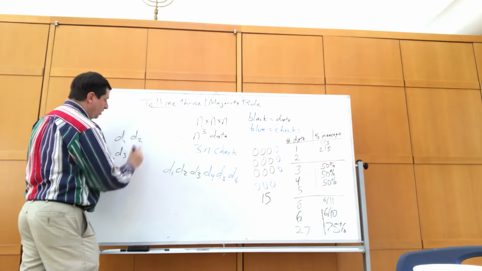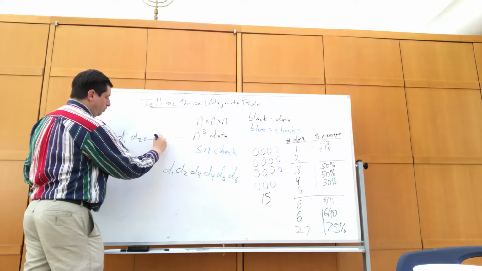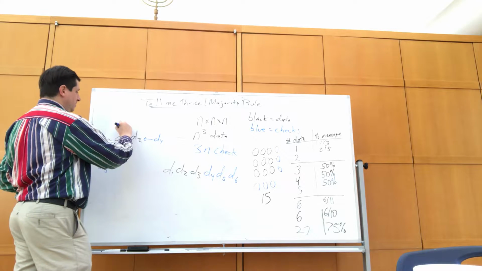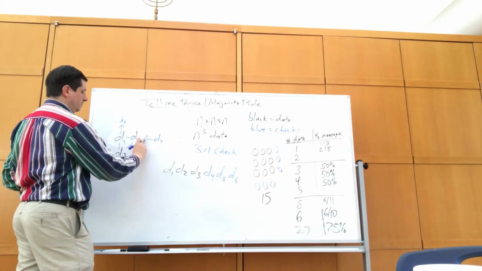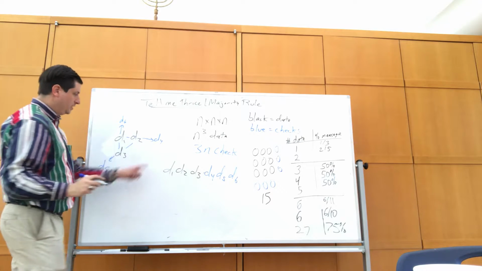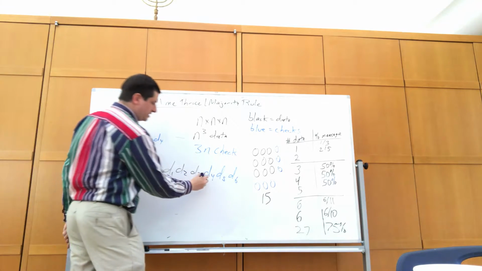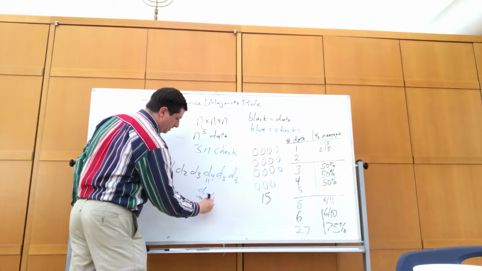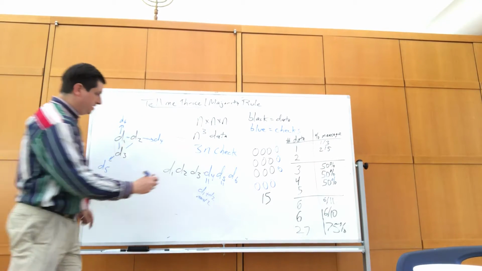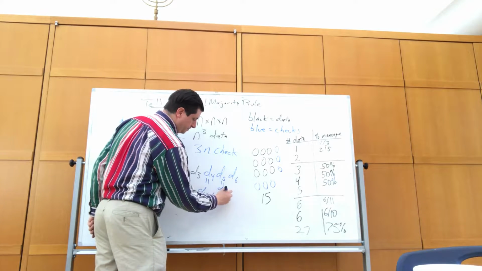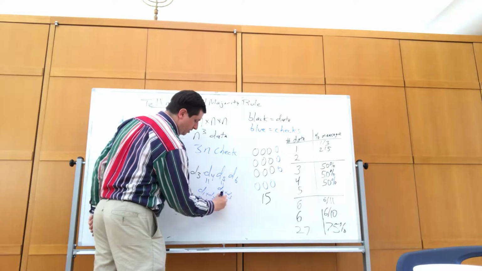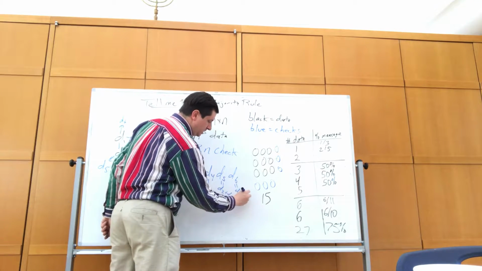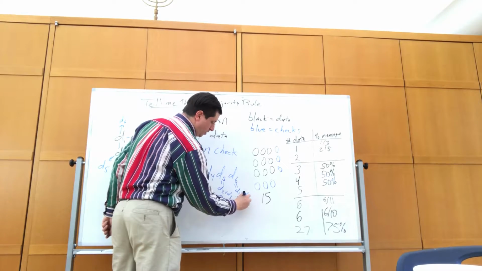And then I'll make this one D4, I'll make this D5, and I'll make this D6. And so for D4, I'm going to send basically D1 plus D2 mod 2. And D5, I'll send D2 plus D3 mod 2. And D6, I'll send D1 plus D3 mod 2.